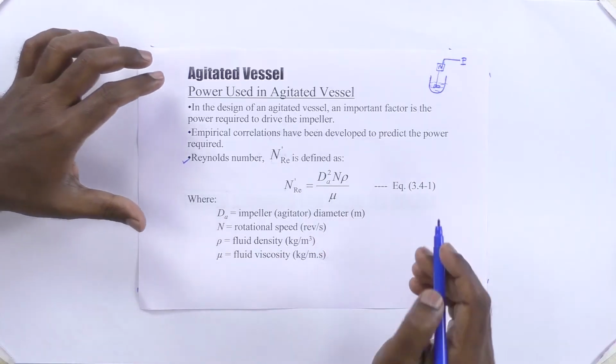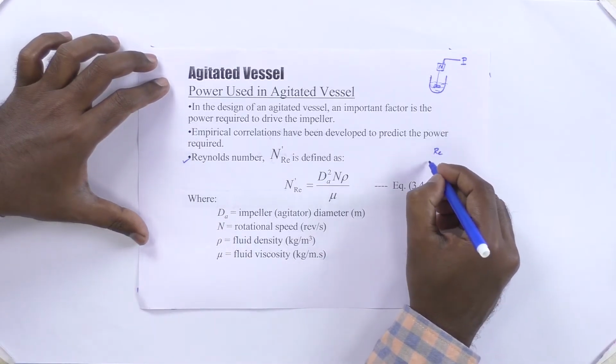If it is going to have many eddies and a very vigorous flow, then the Reynolds number is going to be more than 4000, and we call it turbulent flow. So based on the Reynolds number, we can tell what kind of flow is going to happen in your liquid, whether it is laminar, transitional, or turbulent flow.